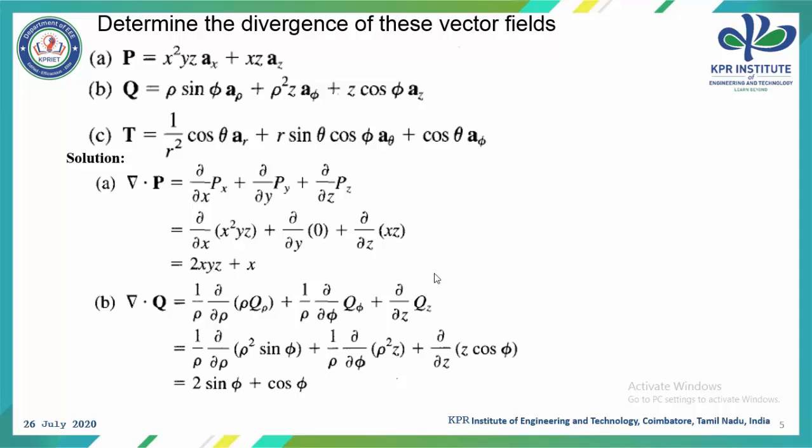Now we will solve the problem. Determine the divergence of these vector fields: P equal to x squared yz ax plus xz az, and second, Q equal to rho sin phi a rho plus rho squared z a phi plus z cos phi az, and T equal to 1 by r squared cos theta ar plus r sin theta cos phi a theta plus r cos theta a phi.